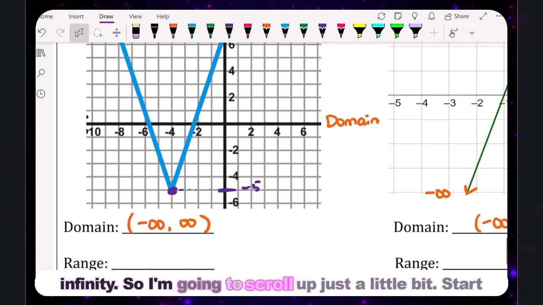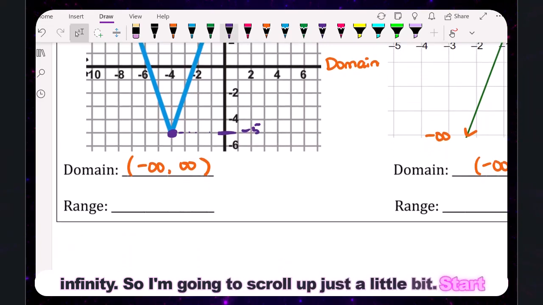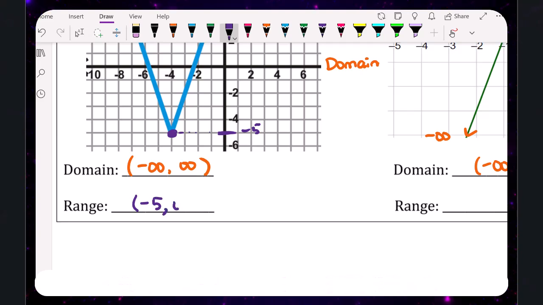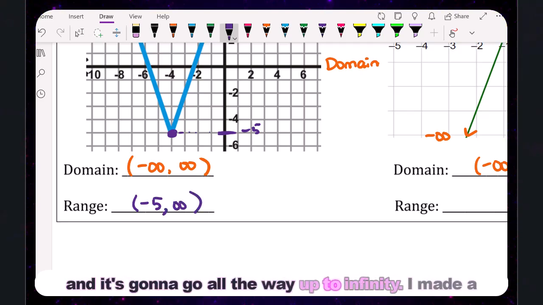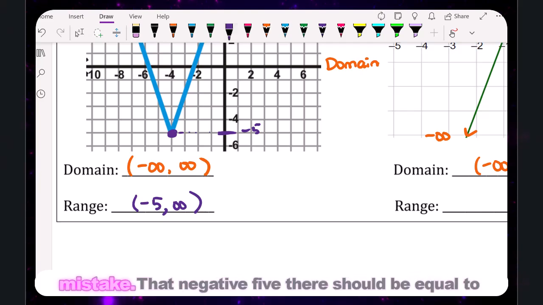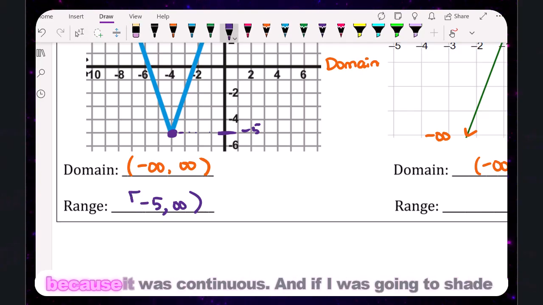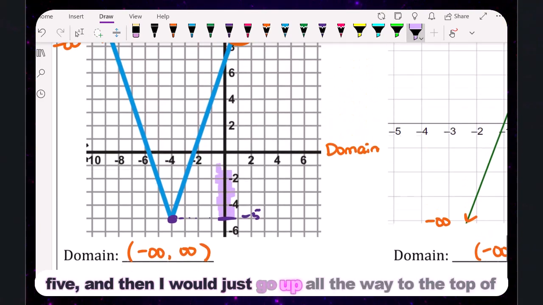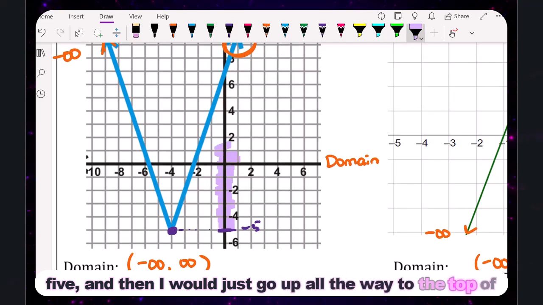So I'm going to scroll up just a little bit. Start with your minimum value of negative 5, and it's going to go all the way up to infinity. I made a mistake. That negative 5 there should be equal to, because it was continuous. And if I was going to shade using my purple highlighter, I would start at negative 5, and then I would just go up all the way to the top of my graph.